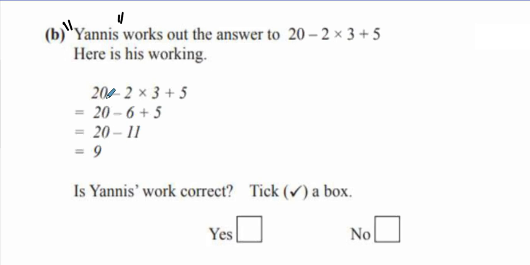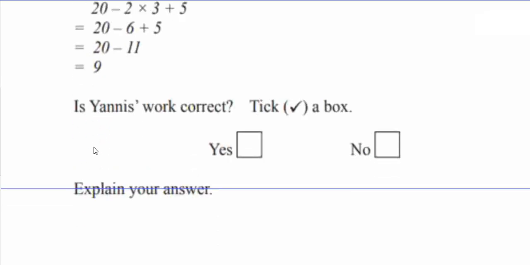Eunice did 20 minus 2 times 3 plus 5, then 20 minus 6 plus 5, 20 minus 11. The answer is 9. Now the question is, is Eunice correct? Is Eunice's work correct? If yes, you tick here. If no, you also tick here. So let us do it.